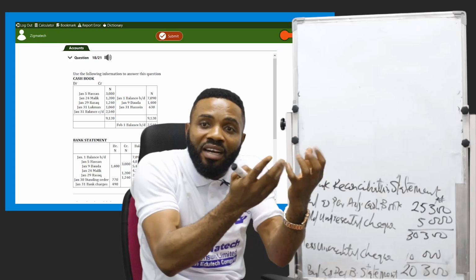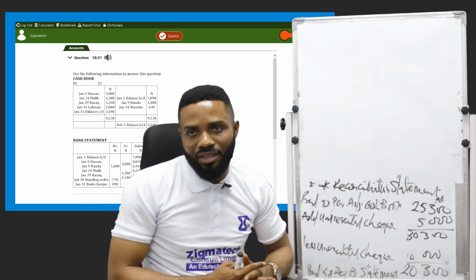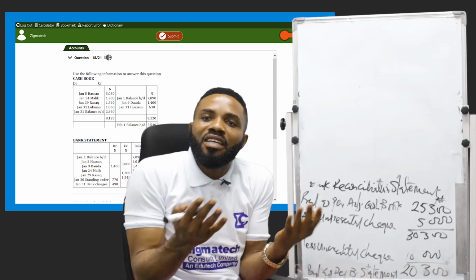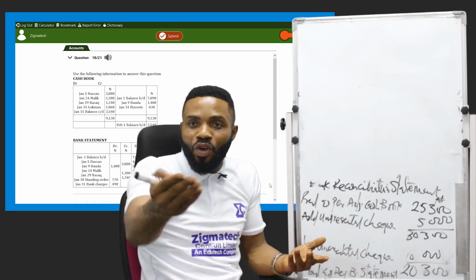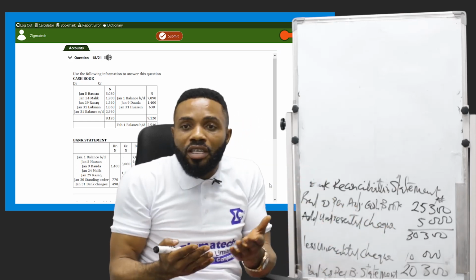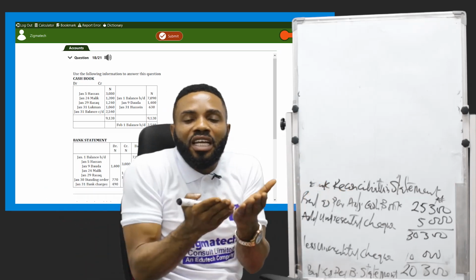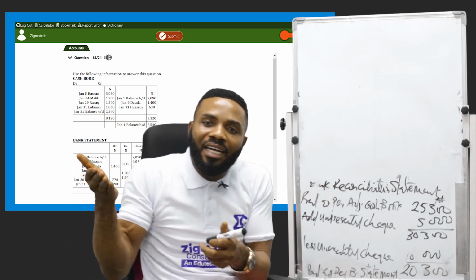Lukman gave us a check worth 1,060 naira, but we didn't take it to the bank. You see now, we have debited it, we have added it to our cash book, but it's not reflecting in the bank statement.